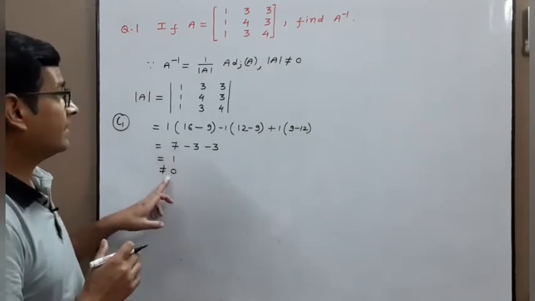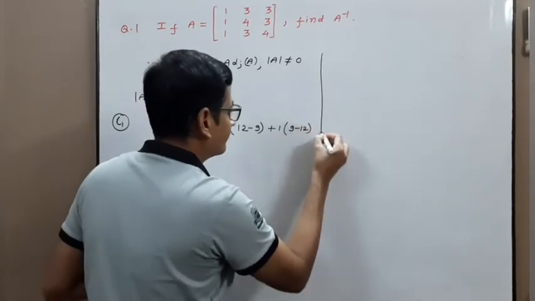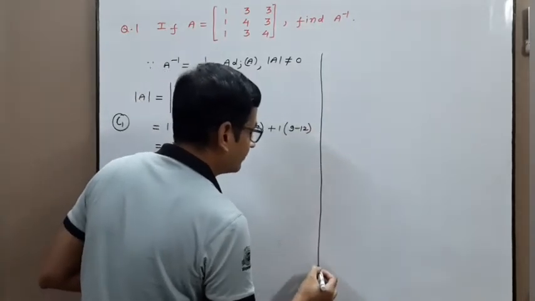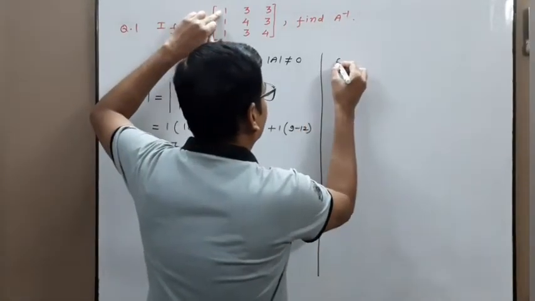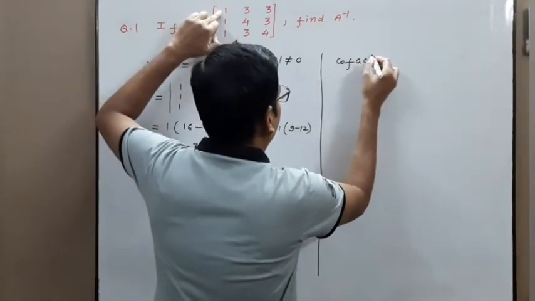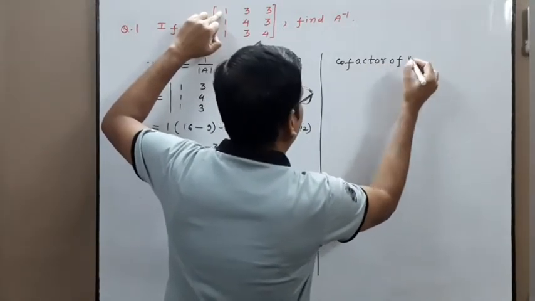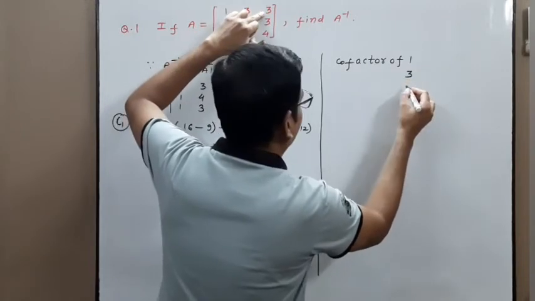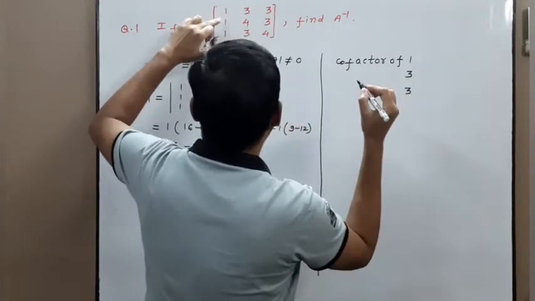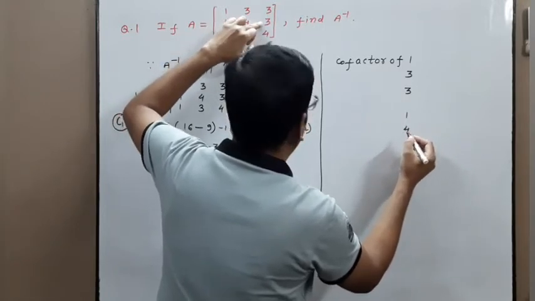After this find cofactors. So find cofactors. Cofactor of 1, cofactor of 3, cofactor of 3. After this cofactor of 1, cofactor of 4, cofactor of 3.